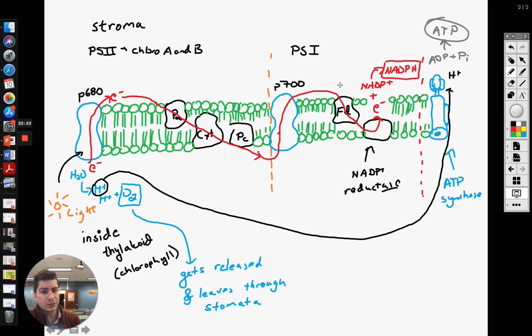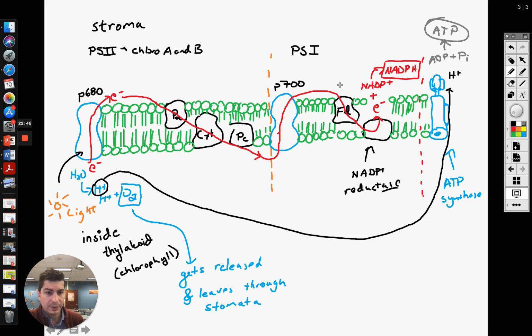That is going to reduce NADP plus to form NADPH. So photosystem number 1 forms NADPH. That's all that is formed in photosystem 1. That's our main goal. Photosystem number 2 is going to bring in light. It's going to split water.